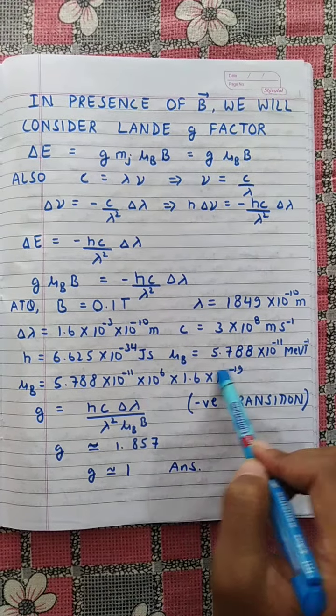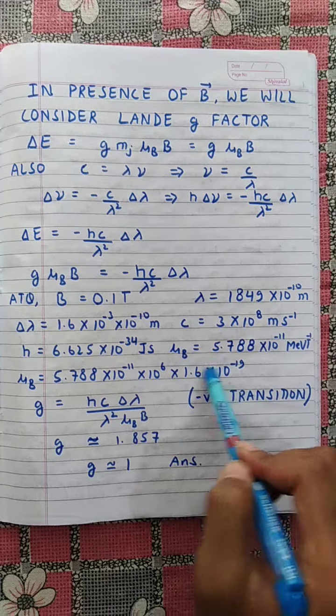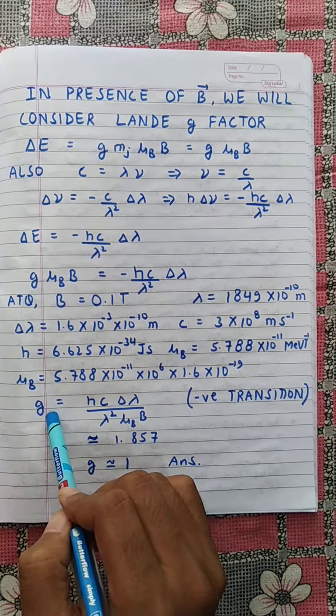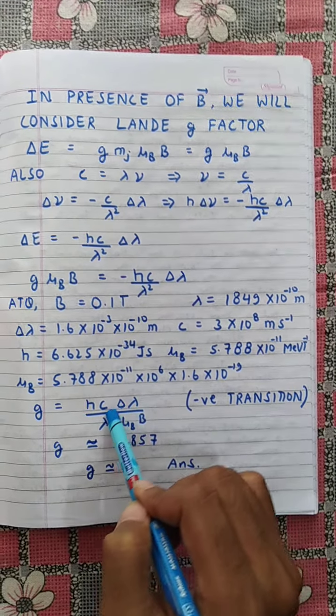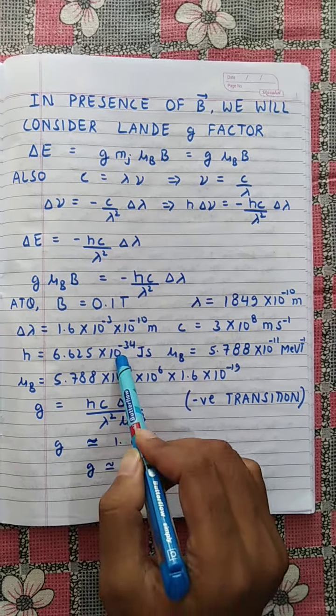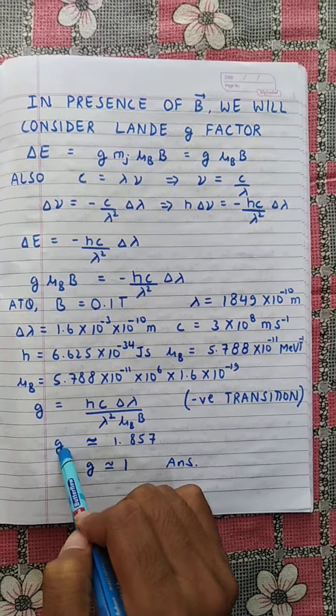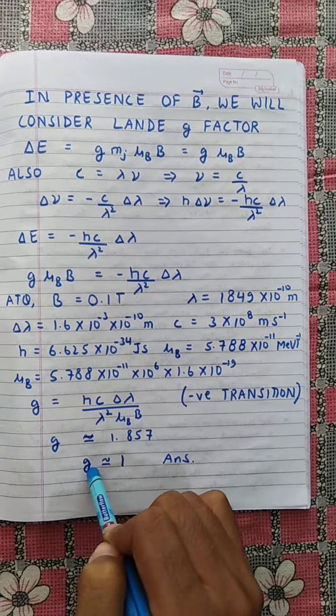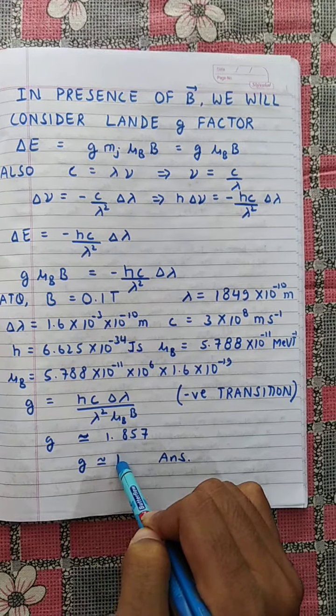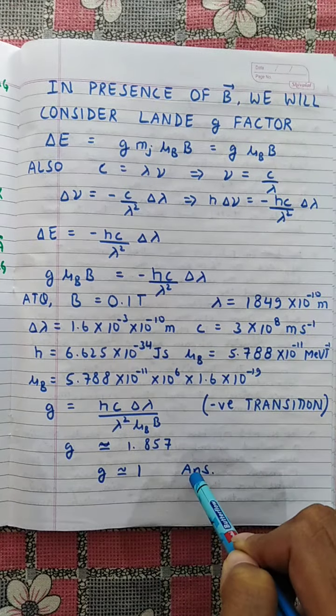So we have converted all of them into standard SI units. After that, as we have to obtain the value of g, we will substitute all these values into this expression. After solving and calculating, we will obtain the value of g as 1.857, which is approximately equal to g is 1. So this will be our required answer.